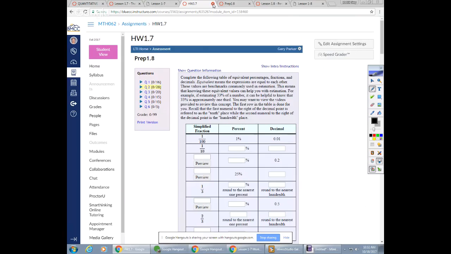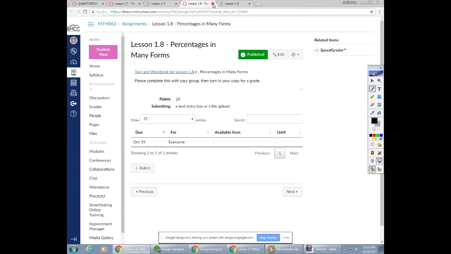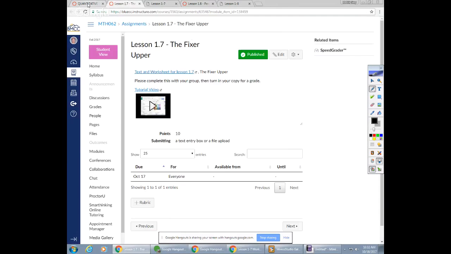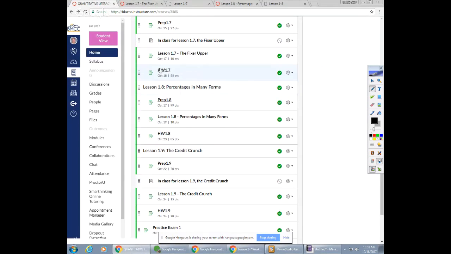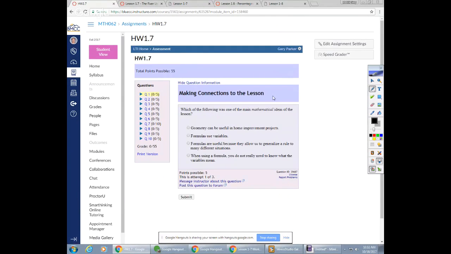So I have to close you, and start over. Interesting thing, the way this system hooks up with my other math system, you can't look at two different homework assignments at the same time in the same browser, which is kind of weird, but it's the way it is.